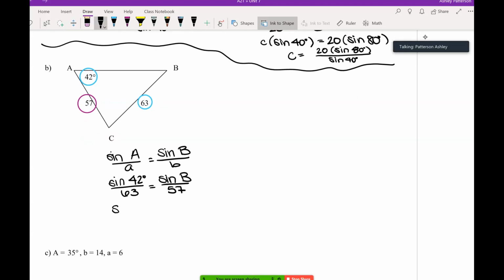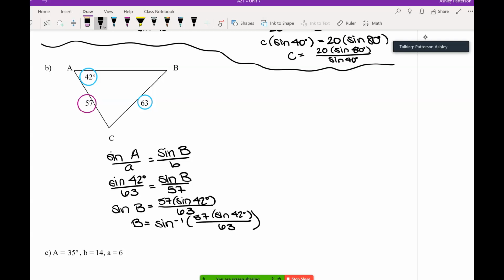So the sine of angle B, I'm just going to multiply 57 to both sides. In this case, I don't actually need to go through the whole proportion process. It's going to be 57 times the sine of 42 degrees all over 63. And then we're going to have to take the inverse. So the inverse sine of that ratio is going to give us angle B.